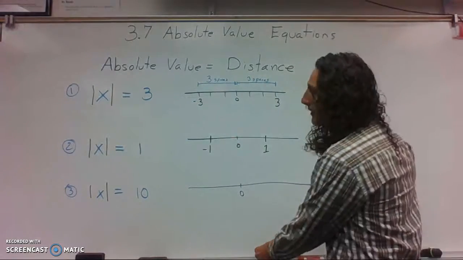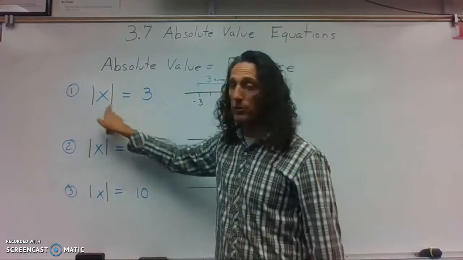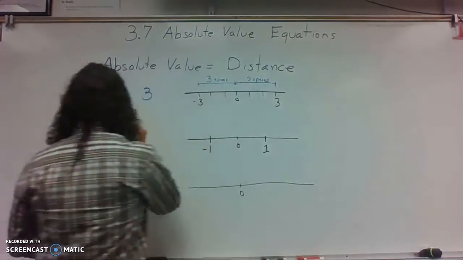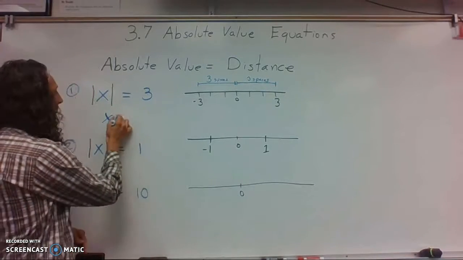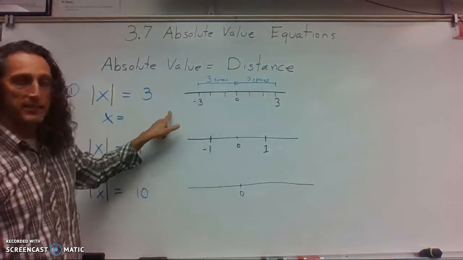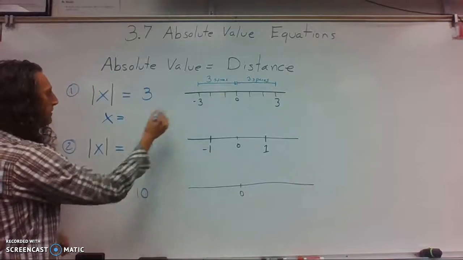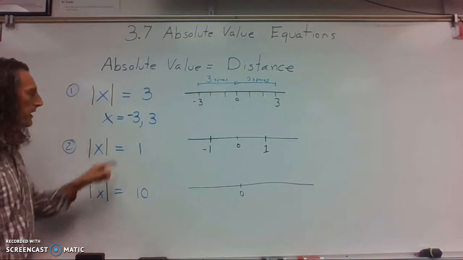So I would come over to my equation, get rid of the absolute value signs. So you see how I dropped the 2 little black lines. And after I measured 3 spaces that way, and 3 spaces backwards, I would just write down the 2 numbers. So, -3, +3, and that's my answer.